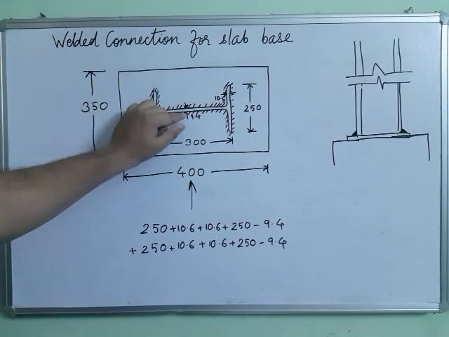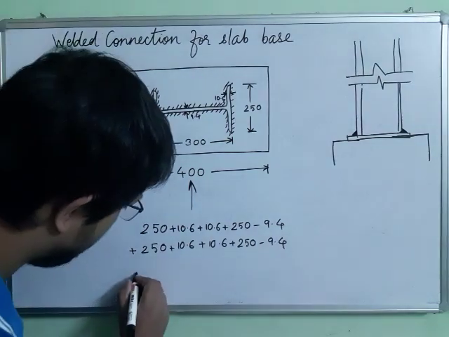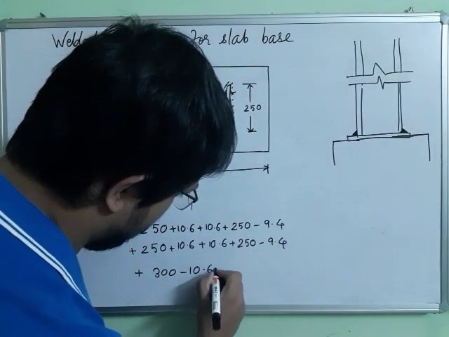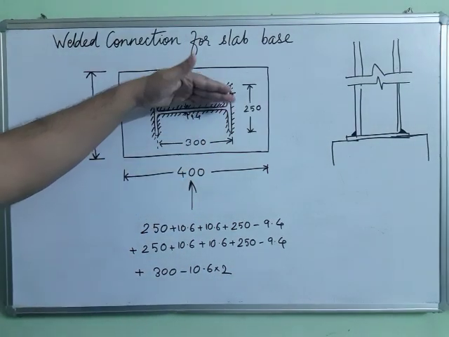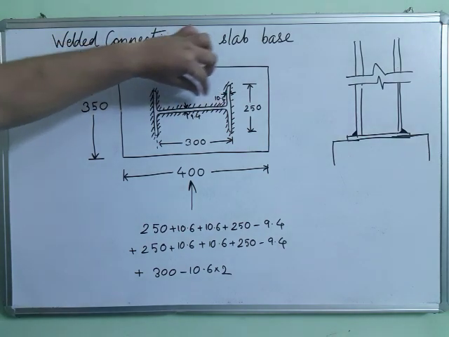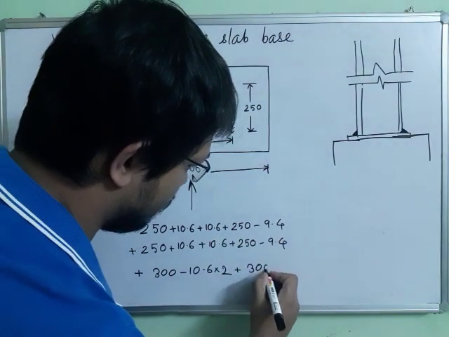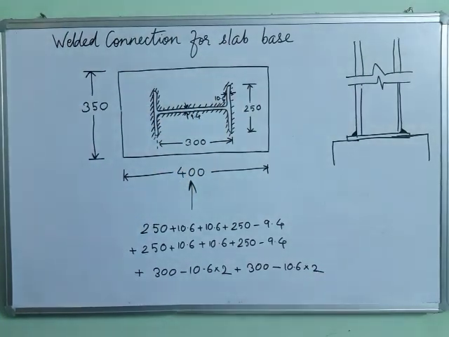On one side it is 300 minus 10.6 into 2, and on the other side it will be the same, 300 total minus 10.6 minus 10.6. So that is the total length of weld available. So please calculate it, how much you will get.